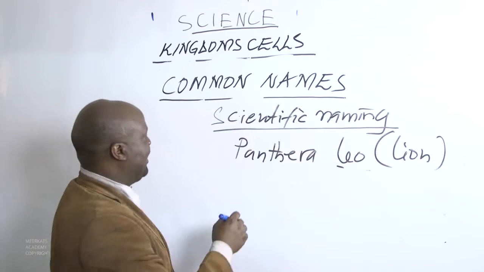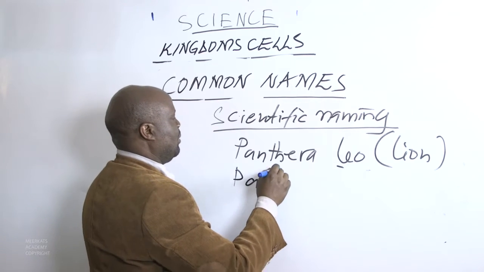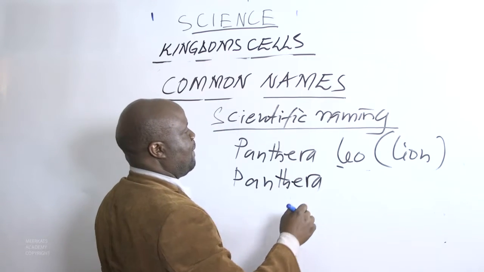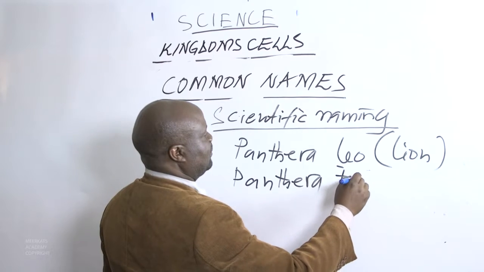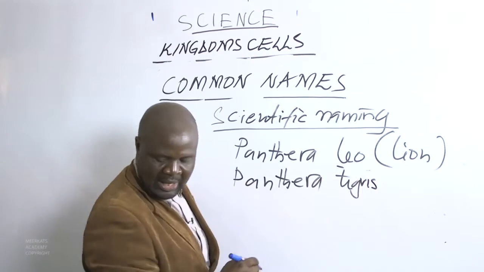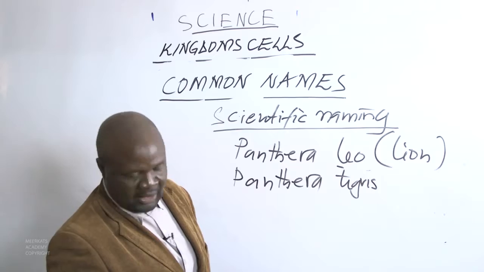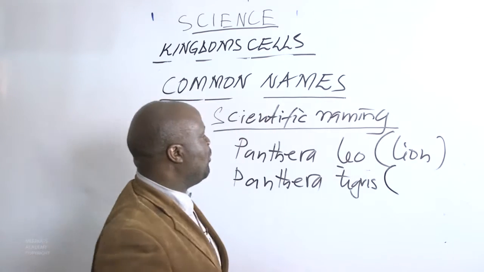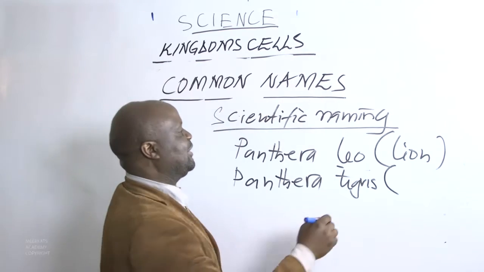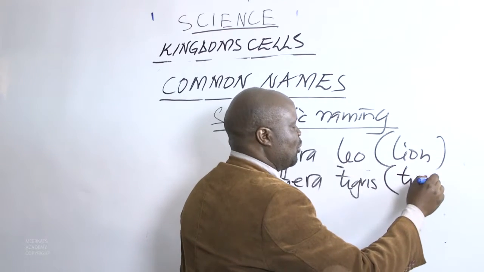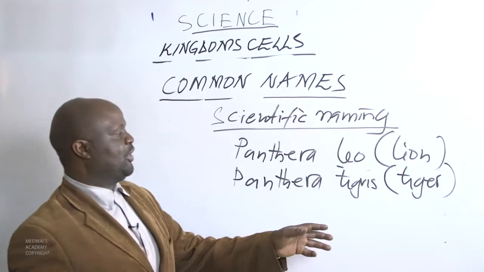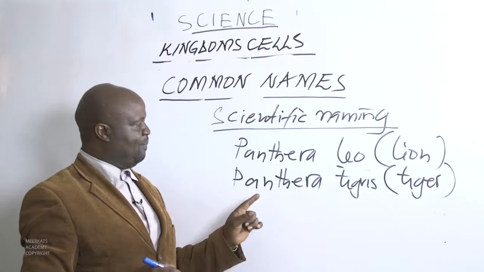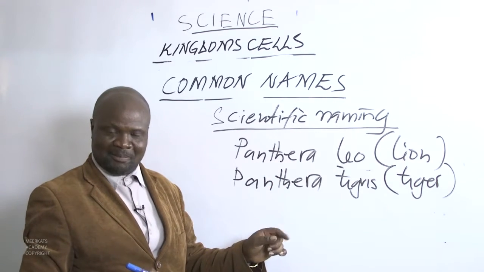We can have Panthera tigris. The common name of Panthera tigris is tiger. When you talk of the common name tiger, we know it, but the scientific name of the tiger is Panthera tigris.